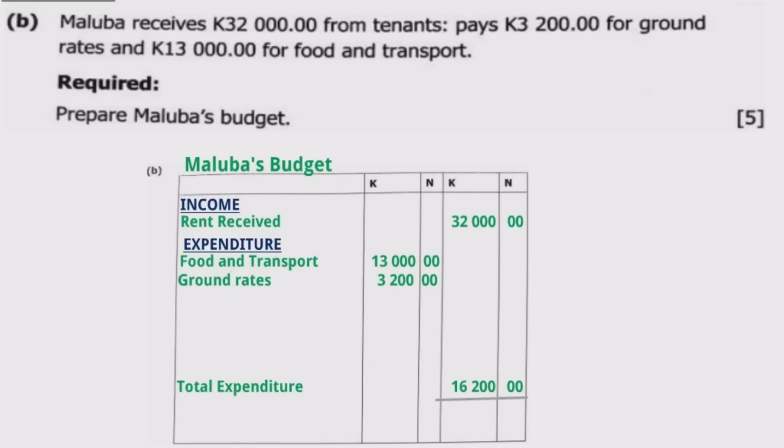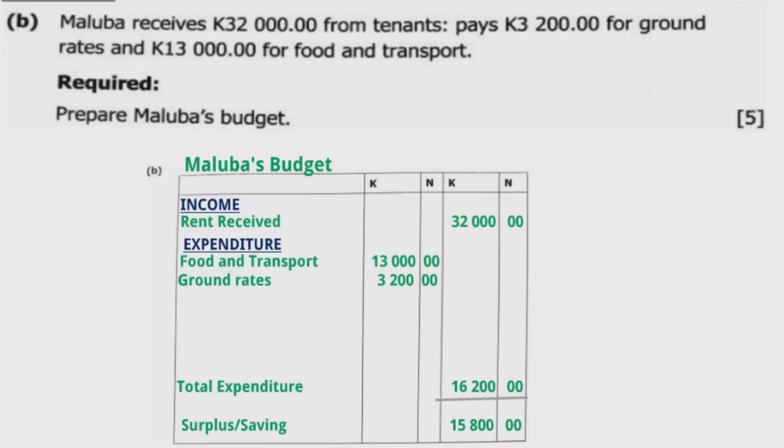Then we find the difference. When we calculate the difference, that will be the surplus. This money can either be saved or used for other things. We say 32,000 minus 16,200 gives us 15,800 as a surplus.